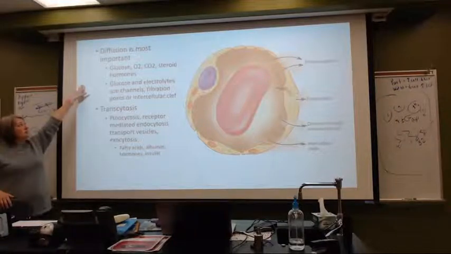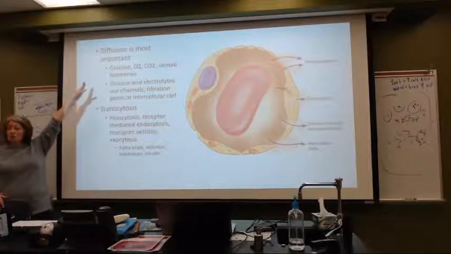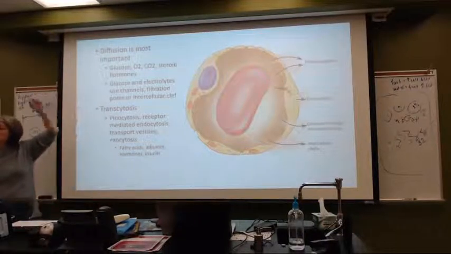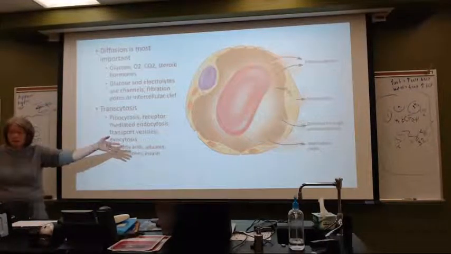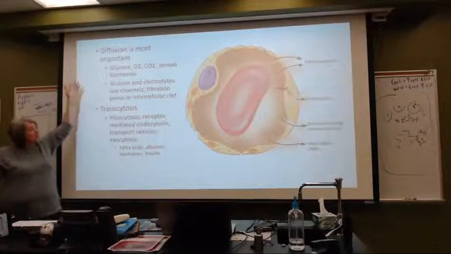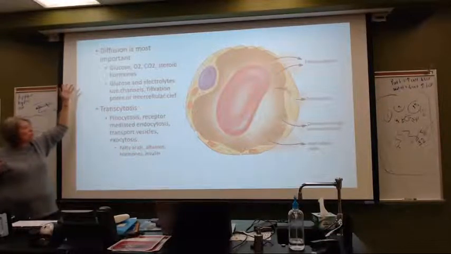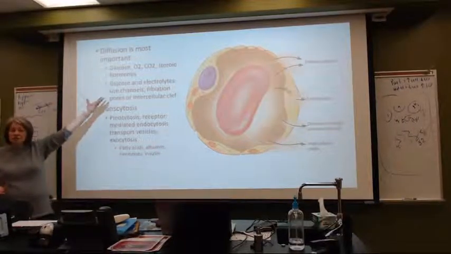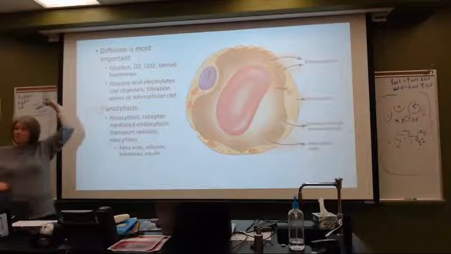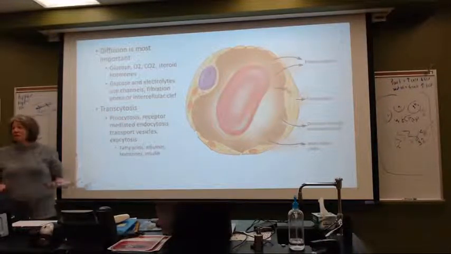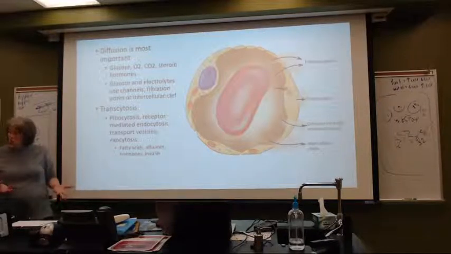So we get to see that diffusion is very important because, remember, diffusion, movement of particles, okay? So our glucoses, oxygens, the CO2, hormones, electrolytes, all these things get to do their diffusion across these capillary cells so that we can get them to that extracellular fluid for the cells to use.